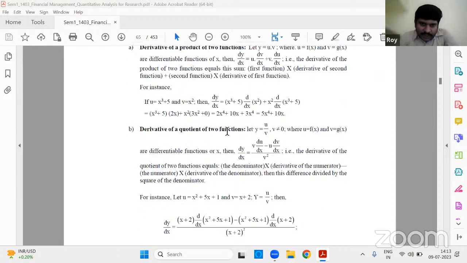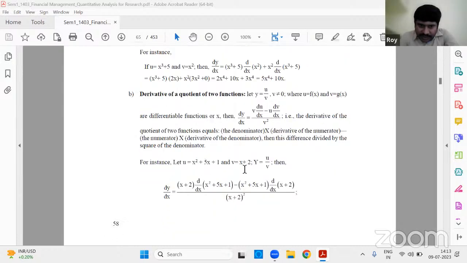Okay. Quotient of two functions. If there are two functions, u is equal to f of x, v is equal to g of x, then dy by dx is equal to how much? This is the formula. Based on this formula, you need to apply here. U is equal to this, V is equal to this. What is U by V?